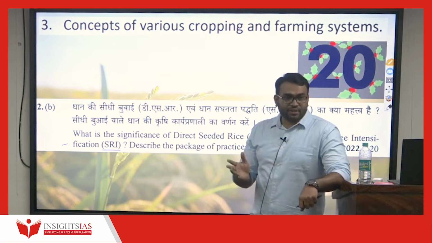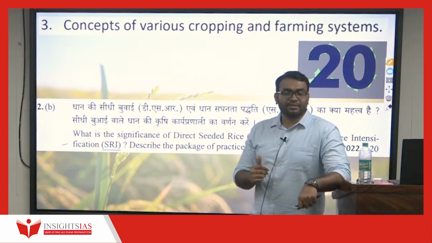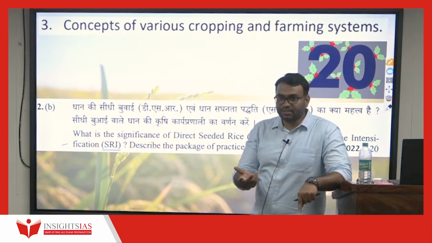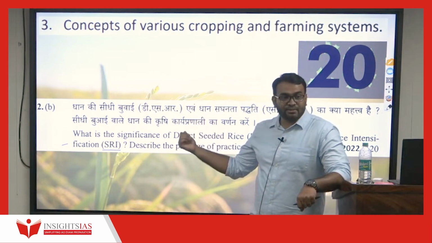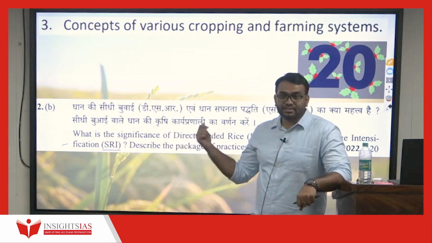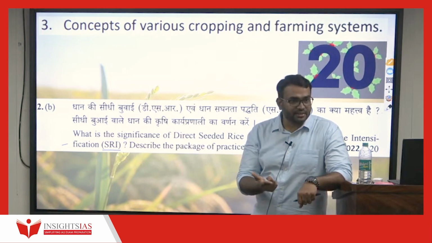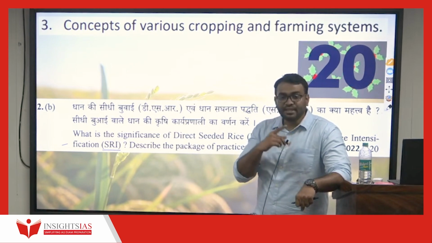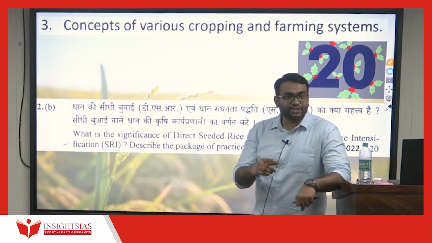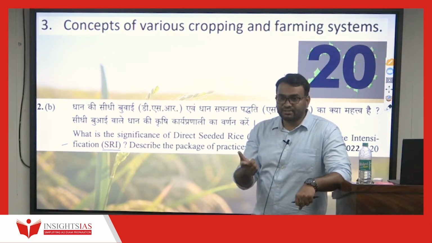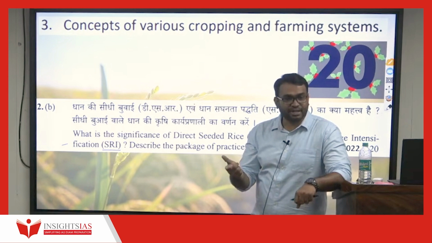Advantage is correct, but let's say the SRI method is going to conserve 20 to 30% of the water; that is the advantage. But here it is asking about the significance, and significance means something extra has to be done. For example, if SRI is conserving 20 to 30% of the water, then you can say that we can bring rationality in irrigation practices.